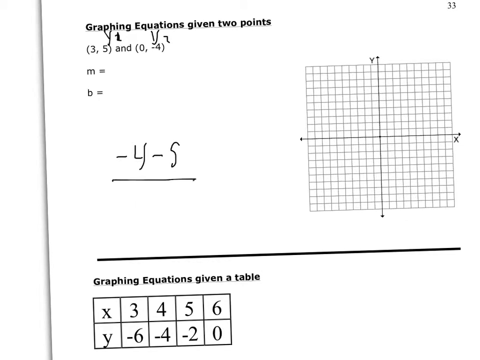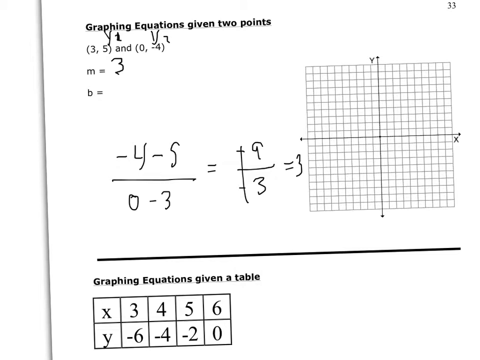And you want to put that over 0 minus 3. Okay, so if you looked at that, -4 minus 5 would give you -9. And 0 minus 3 would give you -3. Now if you go ahead and reduce that, our negatives cancel out, and 9 divided by 3 gives us 3. Okay, so our slope in this one would be 3.